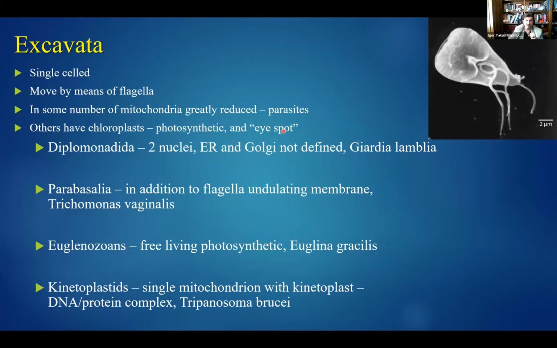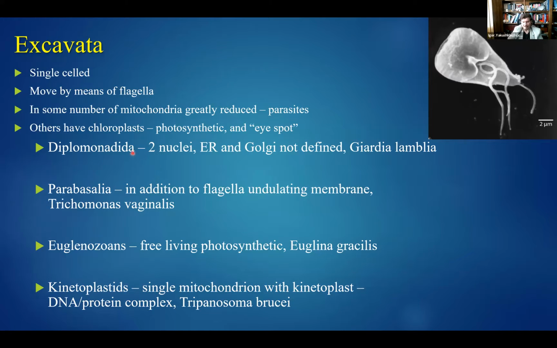Today in Euglena, you will see that particular eyespot. It's a kind of reddish spot. It's not really an eye, but it's a photoreceptor. It will be able to detect the presence of light, and because some of them are photosynthetic, they prefer to go where there is a lot of light.